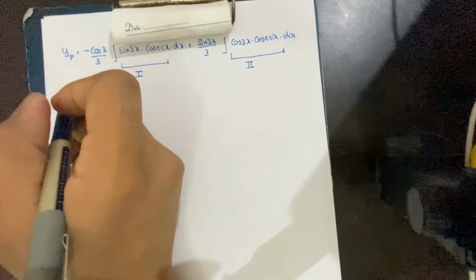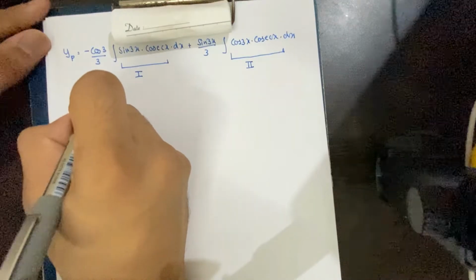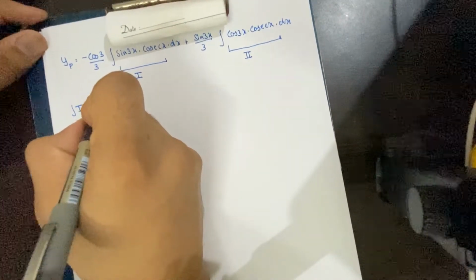So the integral I1: sin 3x can also be written as 3 sin x minus 4 sin cube x.